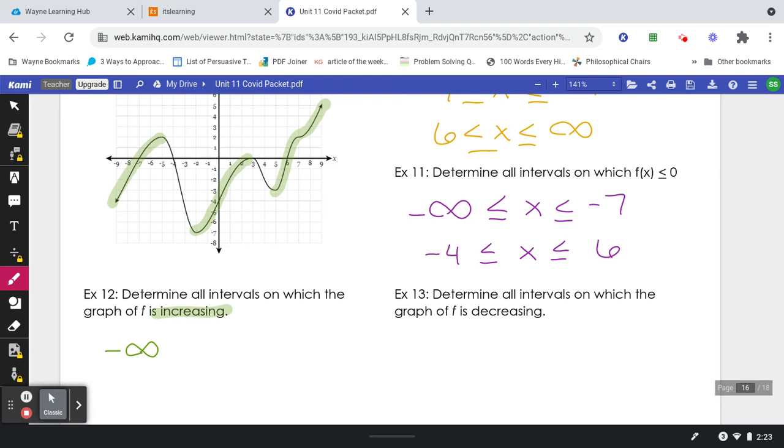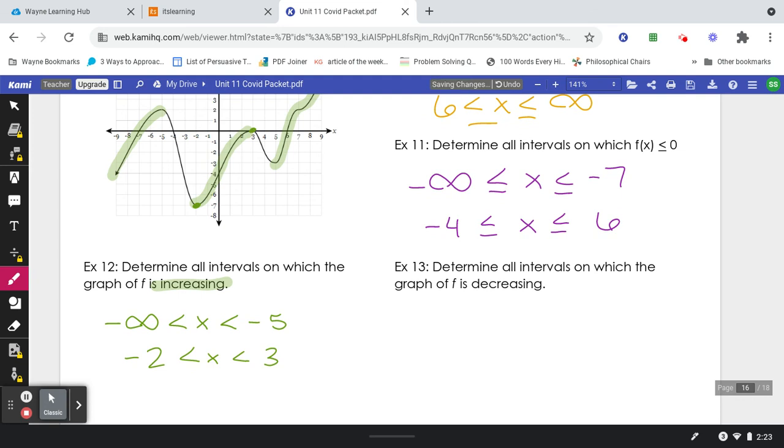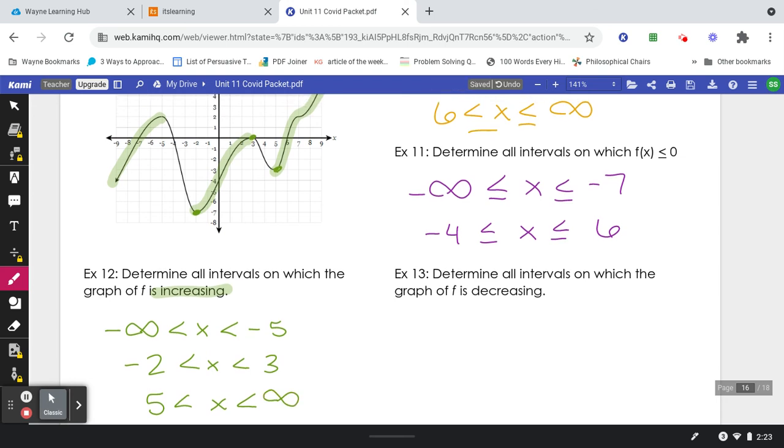Negative infinity till negative 5. It's the first section. Negative 2 till positive 3. So negative 2 to positive 3. And then lastly, from 5 all the way till forever, infinity. Good.